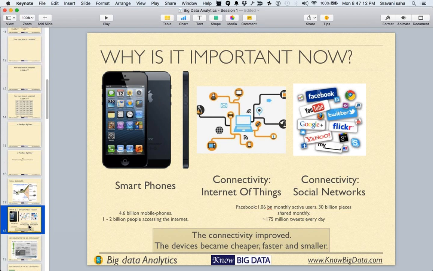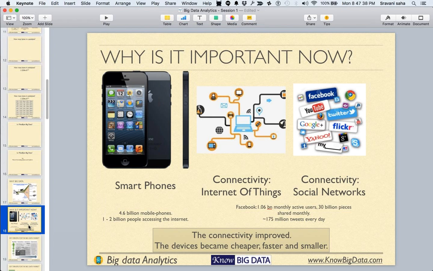And the reason why data started expanding so fast is simply that devices became cheaper, faster, and smaller on one hand, while the network became faster and available everywhere. So these are the two reasons why the big data revolution started.